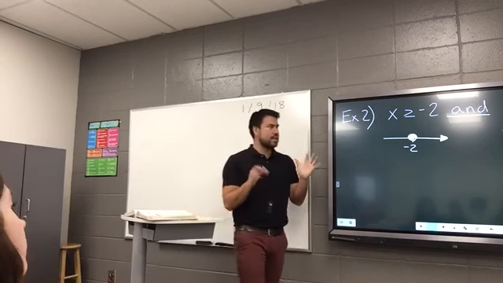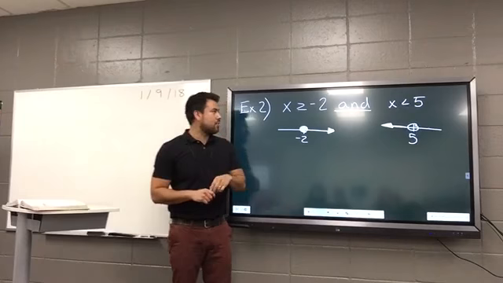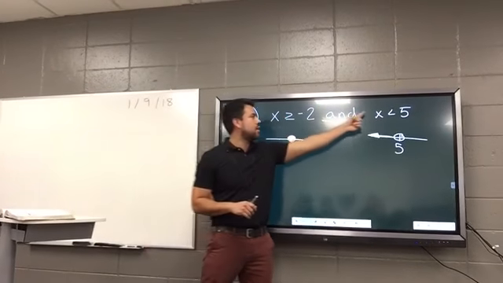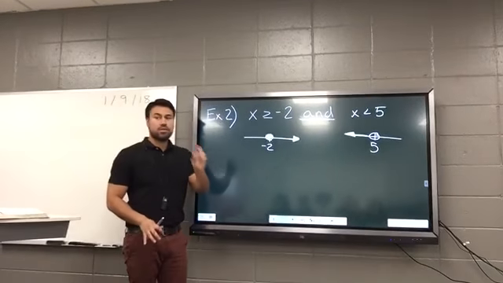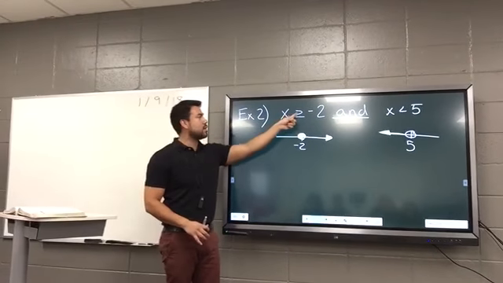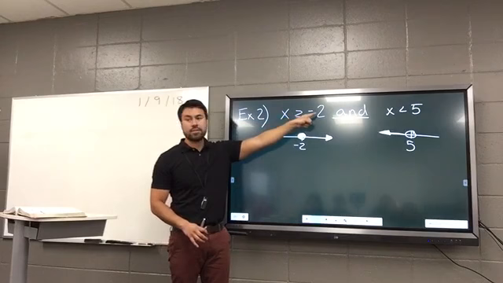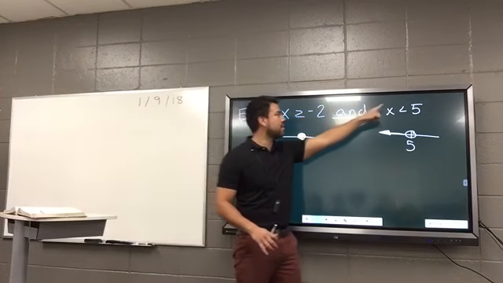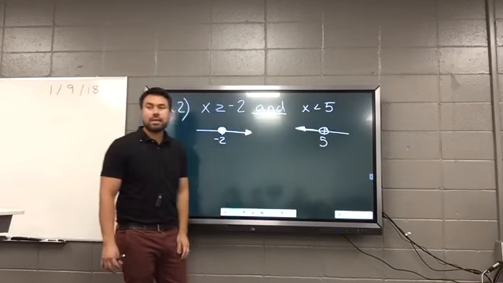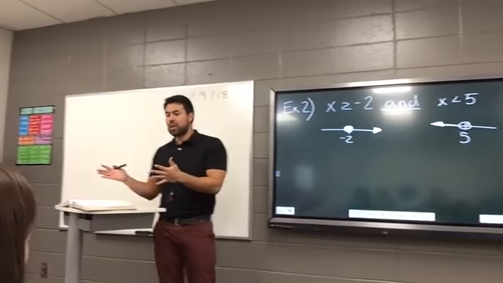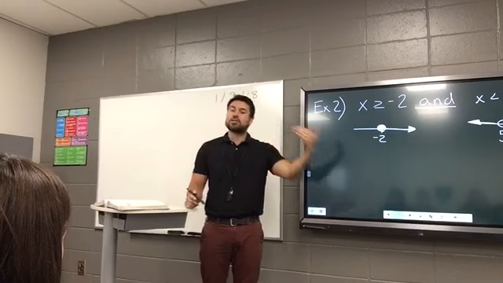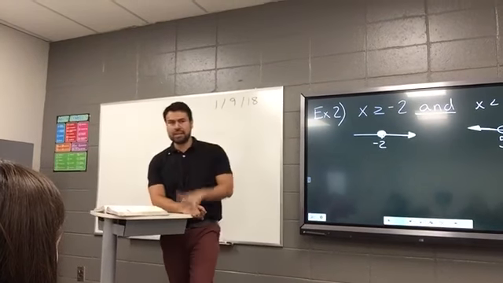I'm asking for the value of x, and x has to be two things. It has to be greater than or equal to negative 2 and less than 5. Can anyone give me a number that is greater than or equal to negative 2 and also less than 5? Can anyone give me an example of a number?